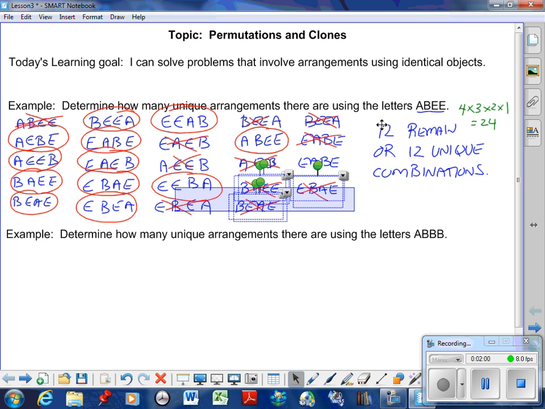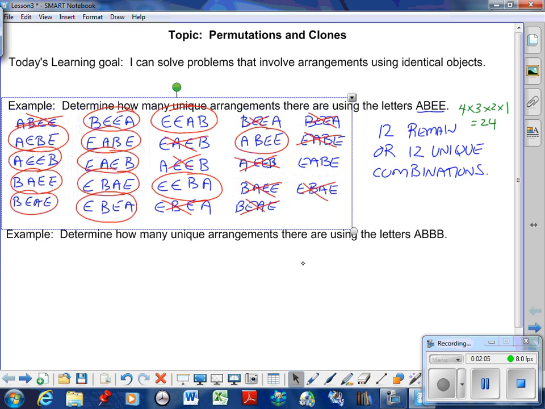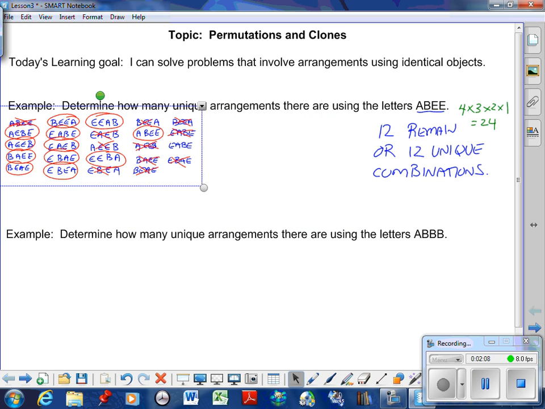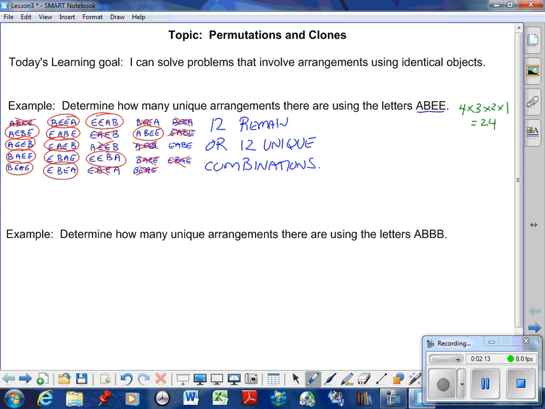So if I highlight a bunch of stuff here, if I can, I just want to shrink it, and I just want to talk about what happens in this process. So there is 12 unique answers. What happens is that if I have, for example, I'll do it down below here, A, B, E, and I'll use a subscript 1, E, subscript 2 just to show the 2 E's, and I rewrite it as A, B, E subscript 2, E subscript 1, that would count as, according to the 24 possible combinations, 2 combinations.